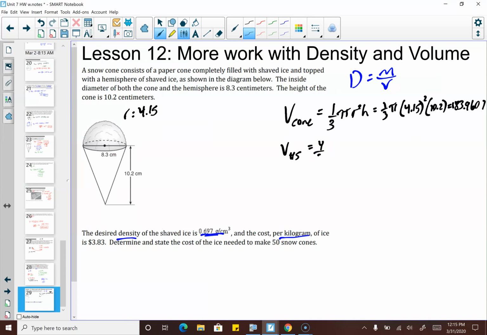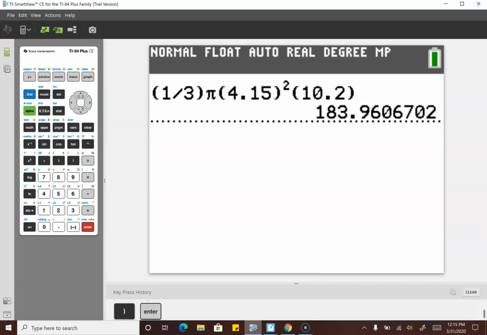So our hemisphere now is 4/3 pi r cubed, and since it's a hemisphere, we're going to cut it in half. Same thing here, I'm just going to put everything into the calculator because of all the decimals that are already in there.